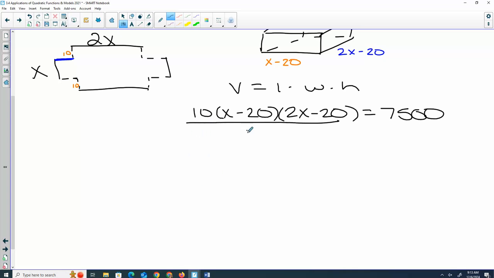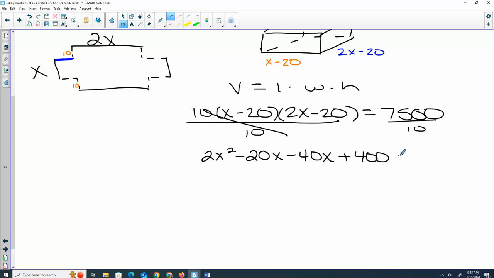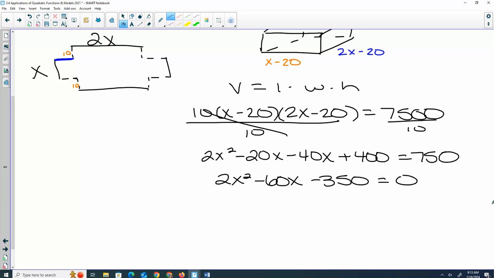So first thing, I'd probably just divide the 10 over, give me smaller numbers to work with. And then we can FOIL. So we get 2x squared minus 20x minus 40x plus 400 equals 750. We subtract over the 750. Okay. What can I do this time?